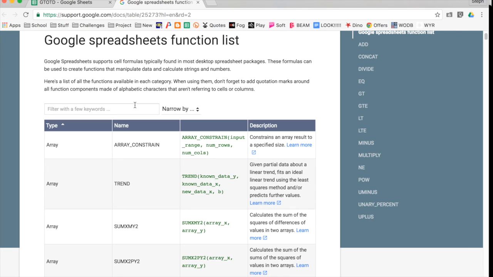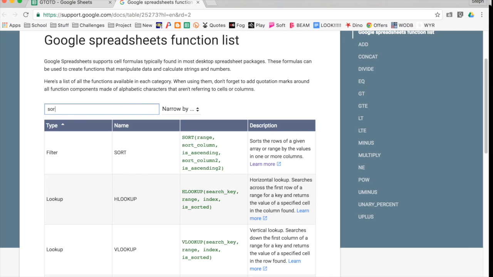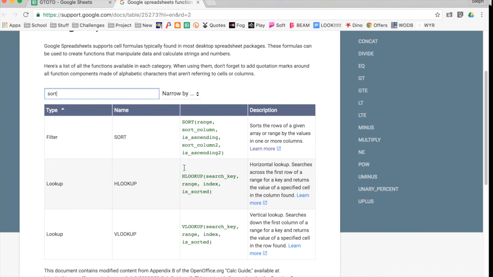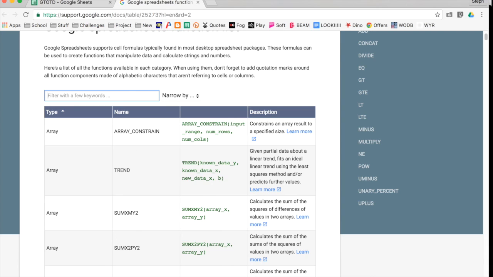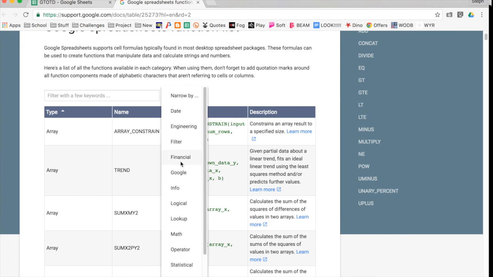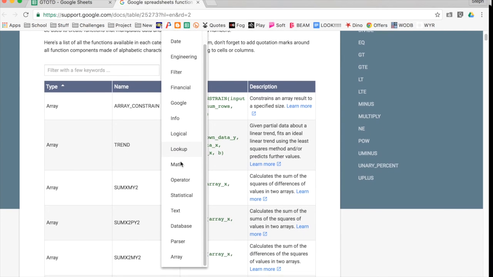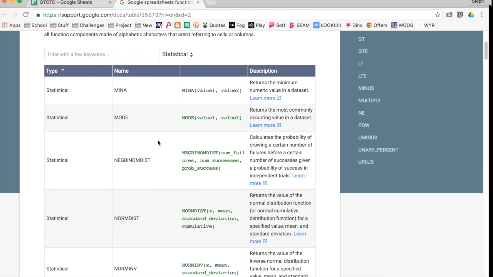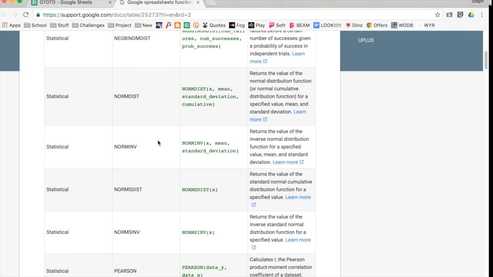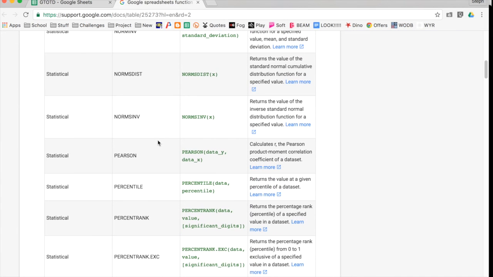They do a really good job of allowing you to filter them. So if I wanted to filter by sort, and it shows me all of the things that will help me sort. You can also narrow down your choices. So if you know that you are looking for a statistical function, you can click statistical, and it will show you all the stat functions that are there.